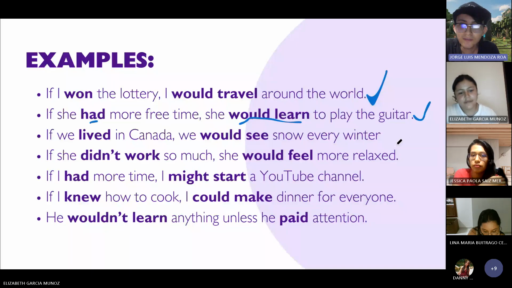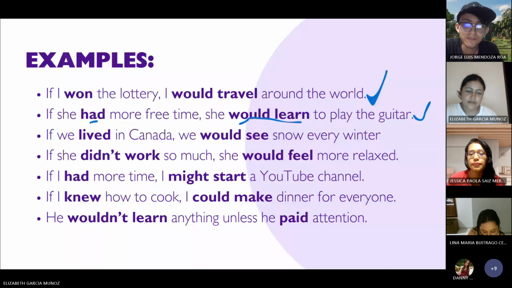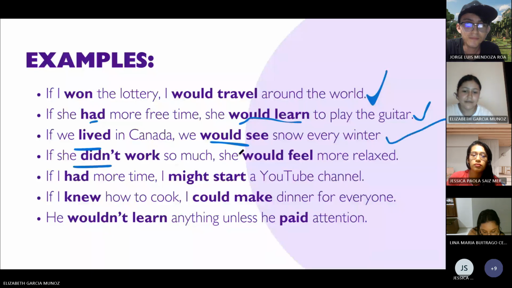Okay, with the third one, I don't know who wants to participate. There is a volunteer. If we live in Canada, we will see snow every winter. Okay, and now in Spanish. Si viviéramos en Canadá, veríamos la nieve cada invierno.